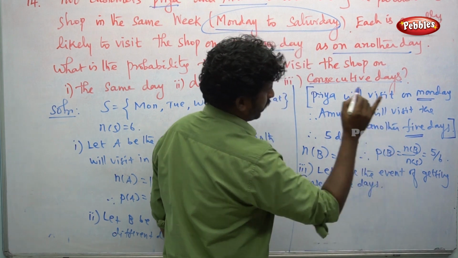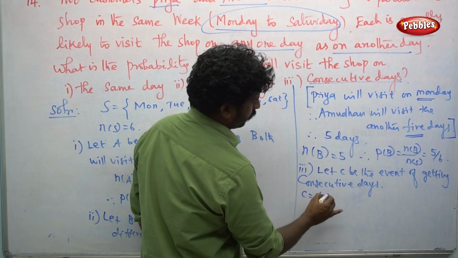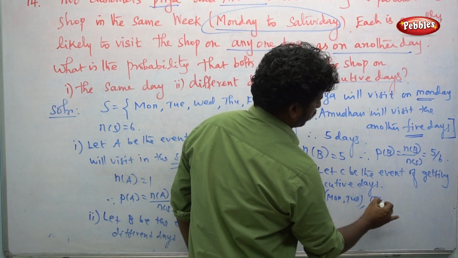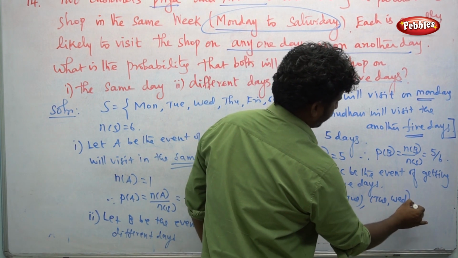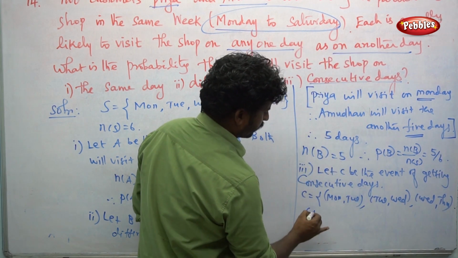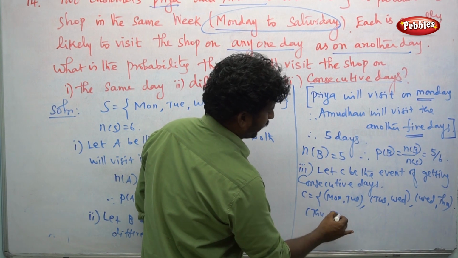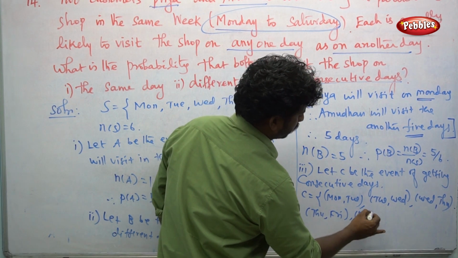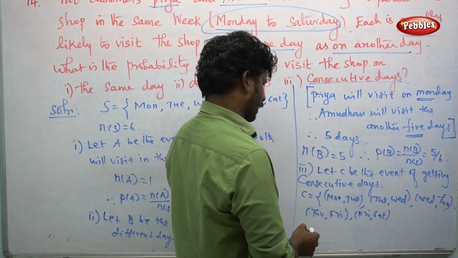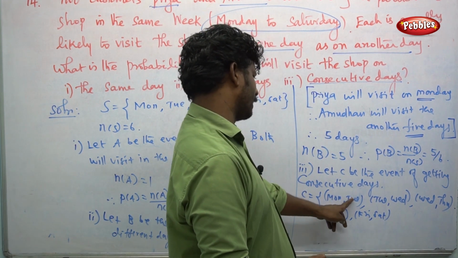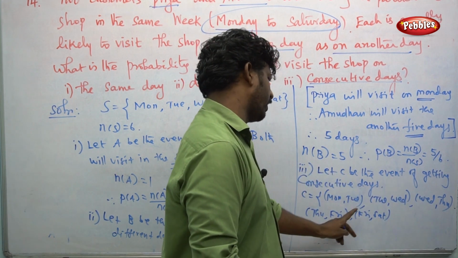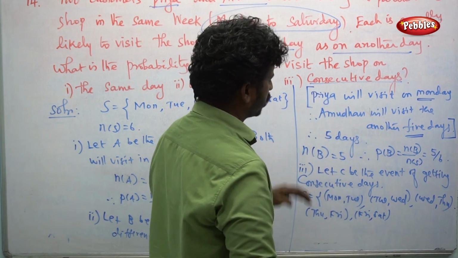The consecutive days அப்படின்னா என்ன அர்த்தம்? அதாவது ஒருத்தர் மண்டேனா இன்னொருத்தர் டியூஸ்டே, right? Tuesday, Wednesday; Wednesday, Thursday; Thursday, Friday; Friday, Saturday. This is the consecutive days.